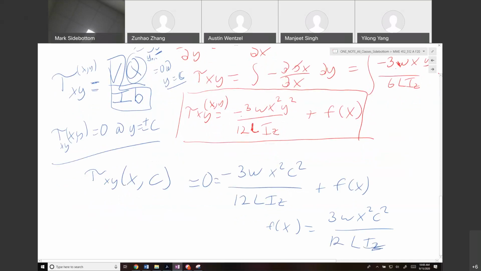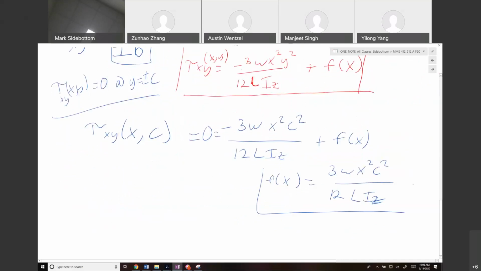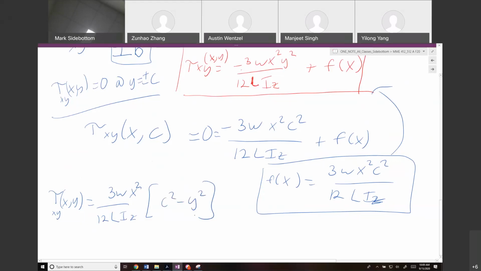That's our f of x term. You can plug it back in to rewrite our tau xy equation. We end up getting 3w x squared over 12L Iz times c squared minus y squared for tau xy.